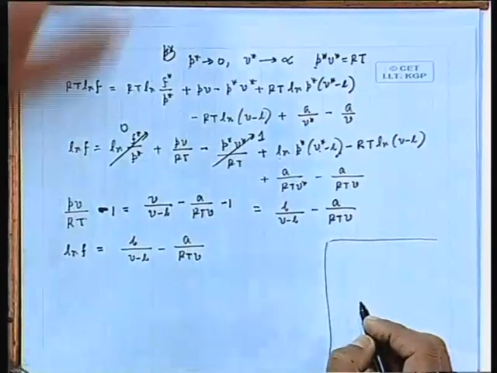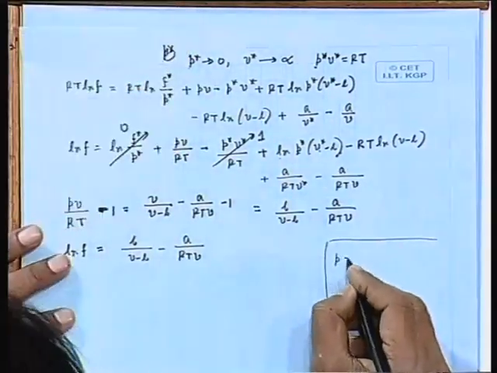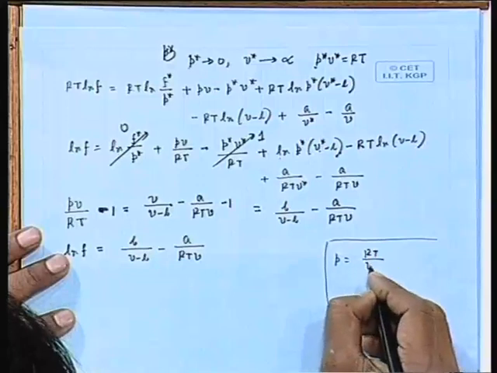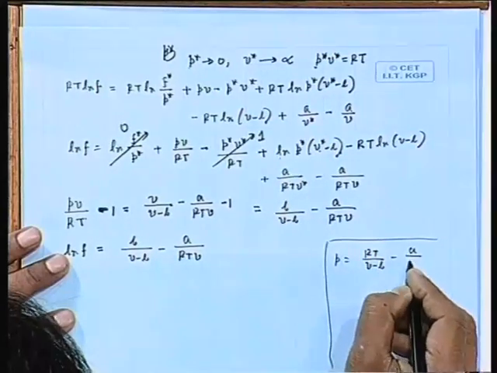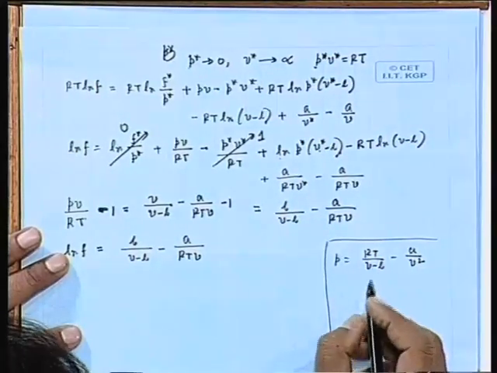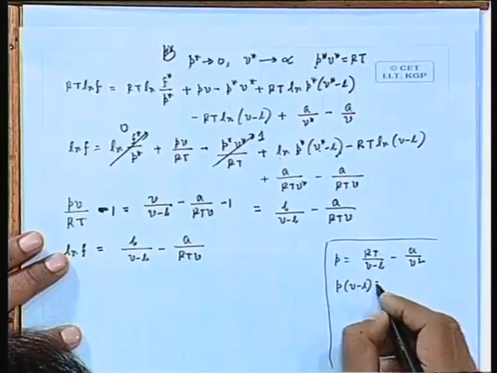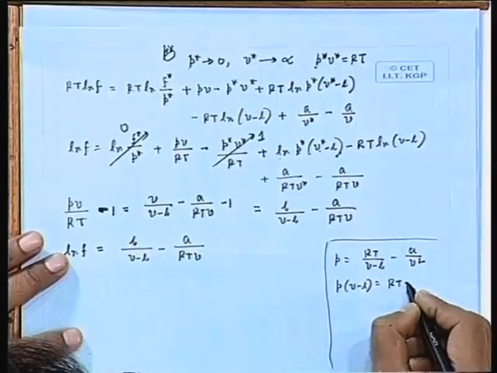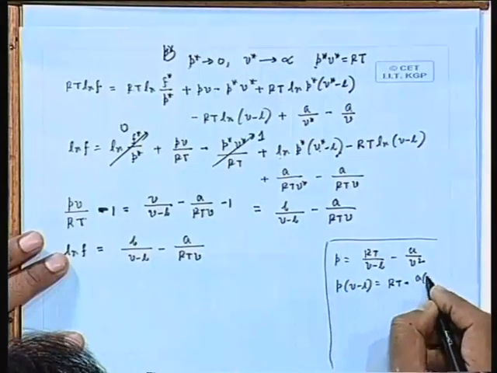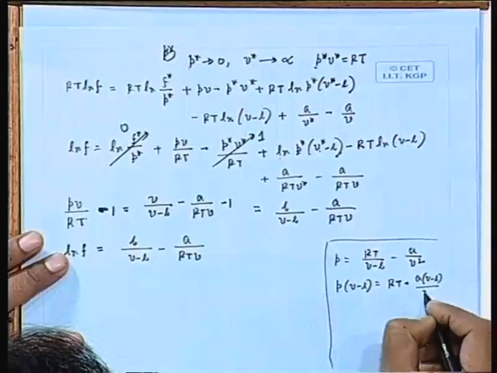That equation of state, if you remember, P is equal to RT by V minus B minus A by V square. Then P into V minus B, if I multiply it, is equal to RT minus A into V minus B by V square.